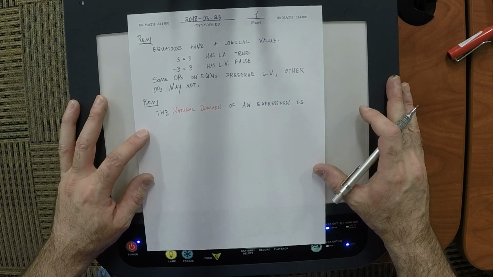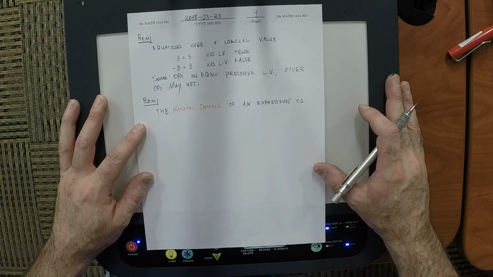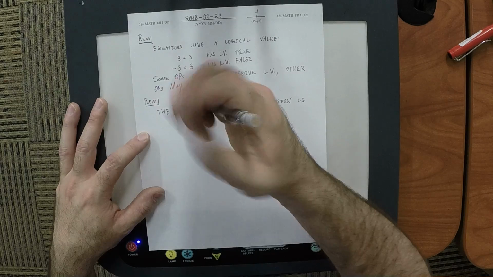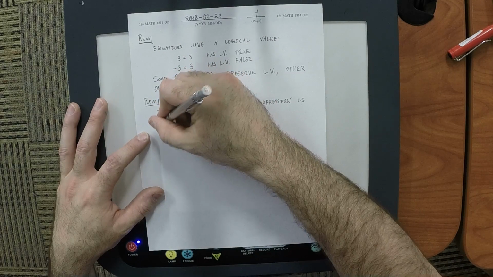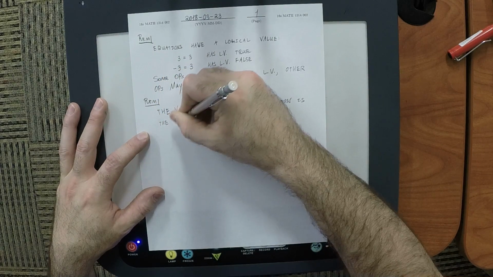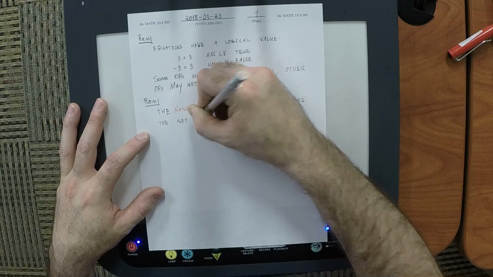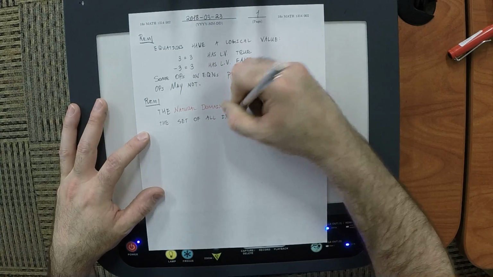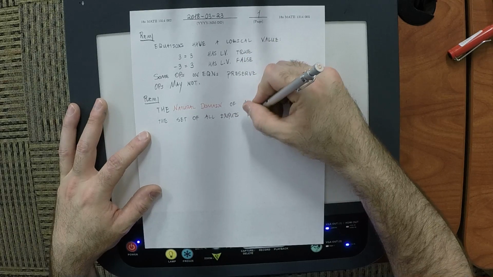Can you remember? All of the x values for which the expression. Very good. So the natural domain of an expression is the set of all inputs for which the expression is defined.